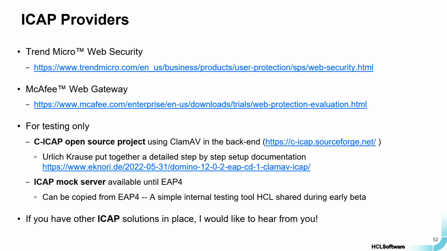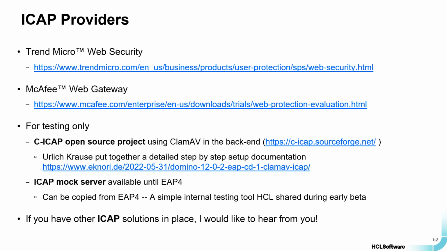It is a local server that detects dummy viruses and the EICAR virus just for you to test this new functionality. It has been removed after early access code drop 4, so it's not part of the release, but if you need it, we will find a way to get that to you. So I have it, and I think I'm allowed to redistribute it if needed.